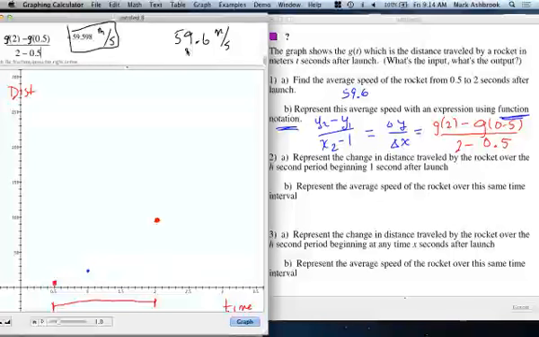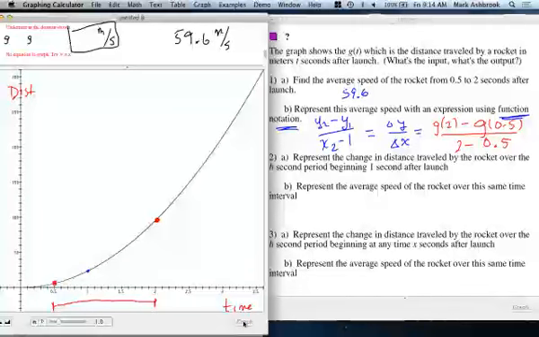Rachel says, go ahead. They both said it, right? So they both said it. It's the constant speed for the rocket to travel the same distance in the same time. And would that be shown on the graph?